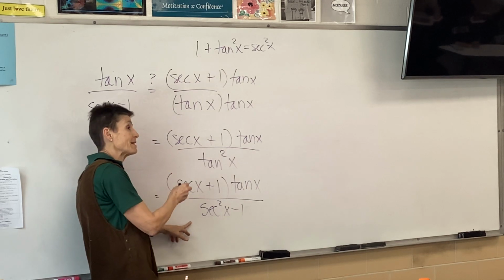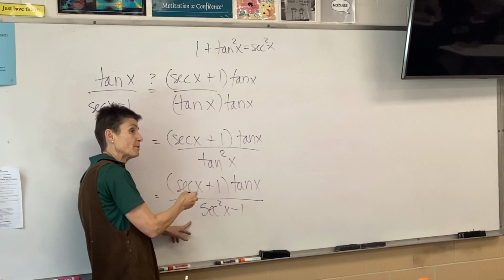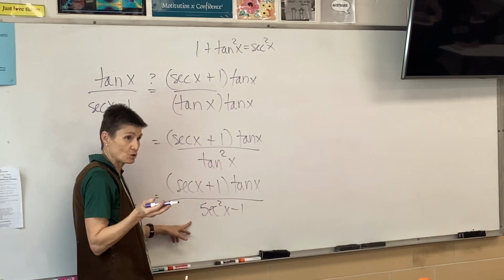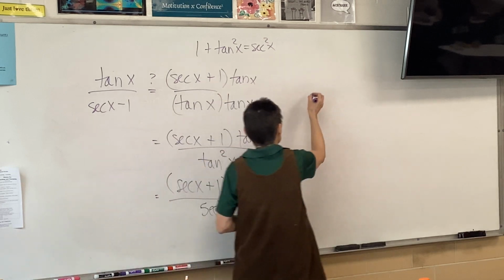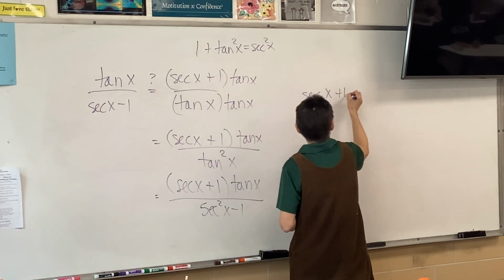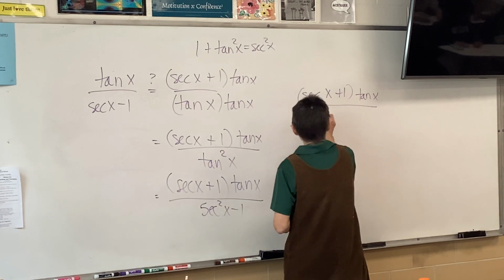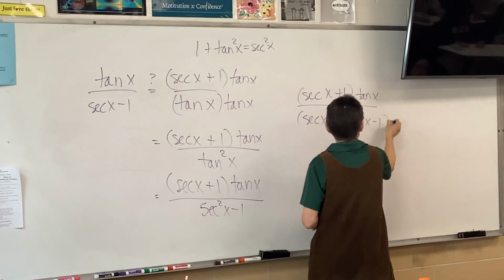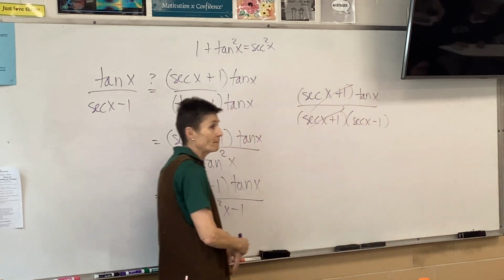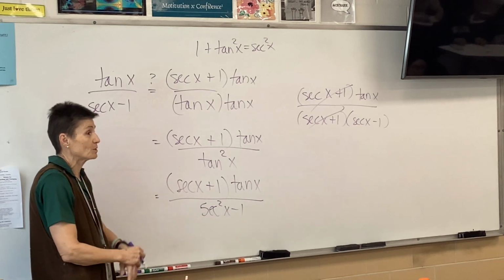Kids, you're going to do that in half the problems you do, because every time you use the Pythagorean identity, you're going to have a difference of squares somewhere. So that factors. And what happens as soon as I factor? I can cancel, and what am I left with? Tangent over secant minus 1, which is what we wanted.